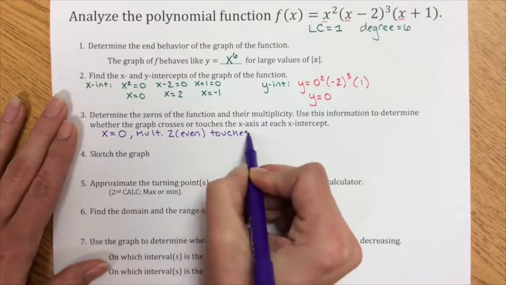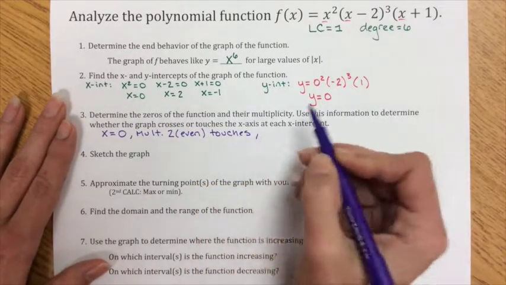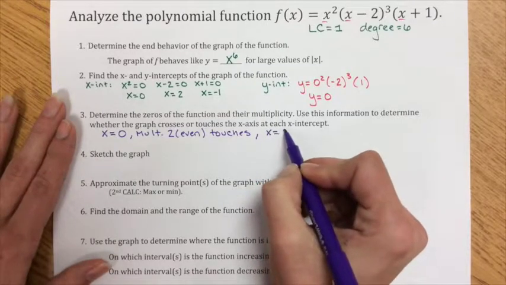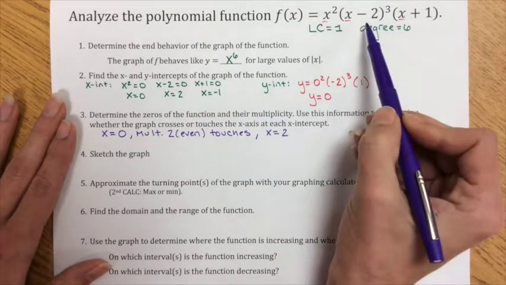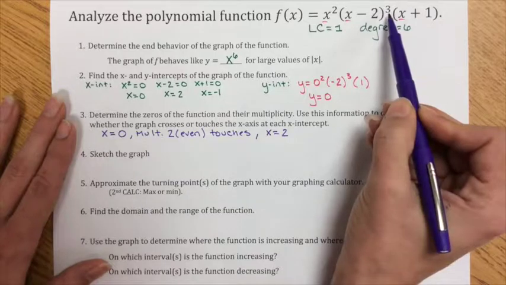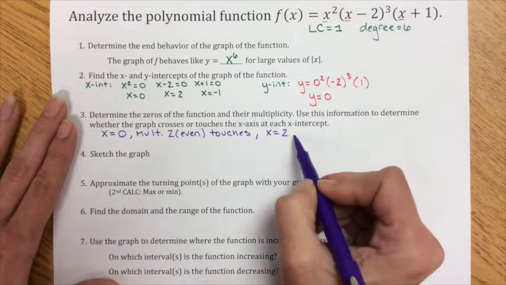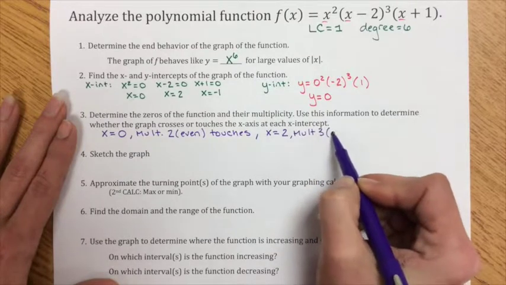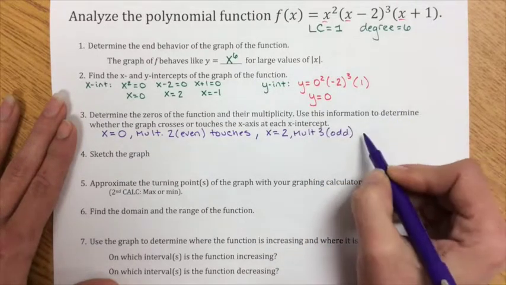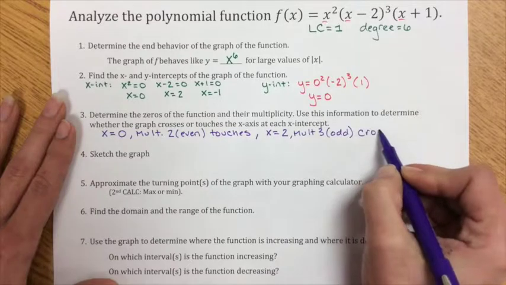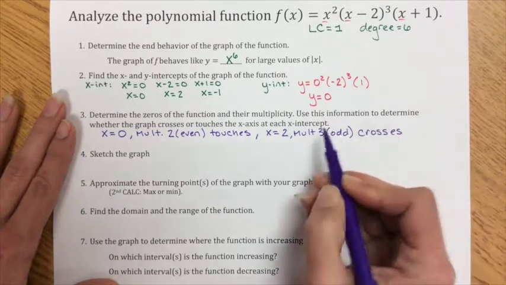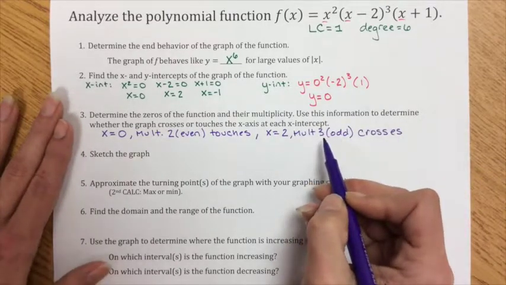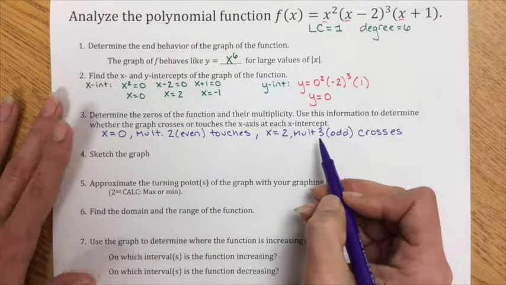All right, let's look at the next one. X equals 2 came from this factor right here. It's going to have a multiplicity of 3, and that is odd. An odd multiplicity crosses the x-axis. A multiplicity of 3, if you remember, crosses like a cubic.